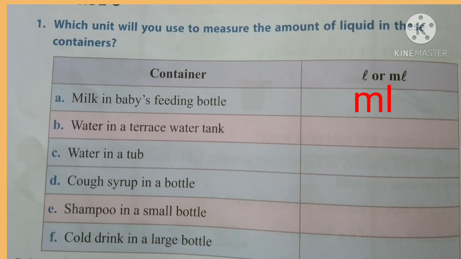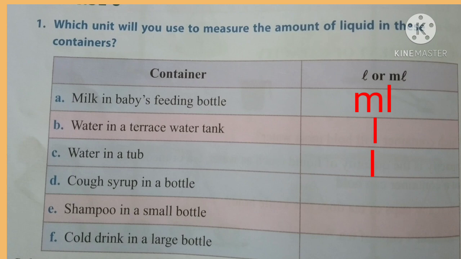The next one, water in a terrace water tank. We know water tank is a large container, so let us write here liter. Then the third one, water in a tub. Here also a tub contains a large amount of water, so we can use liter. Then cough syrup in a bottle.